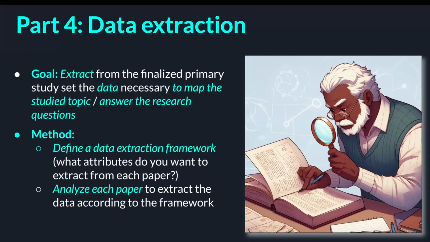In the first one, you define what data you need to extract. And this is done via a data extraction framework, we call it. Nothing more than an Excel sheet with some columns that tell you what to extract. And then you analyze each paper to label the data which is contained in it, according to your data extraction framework.